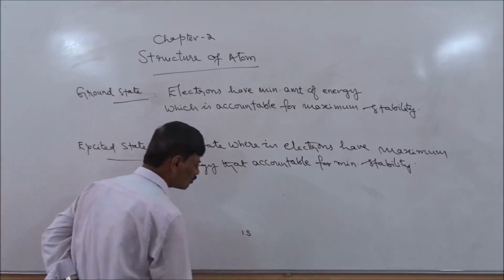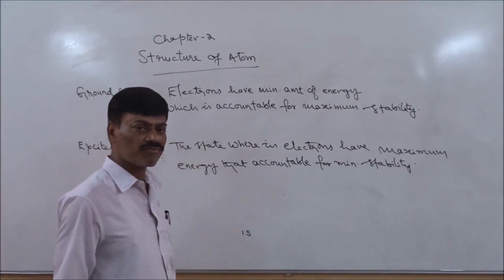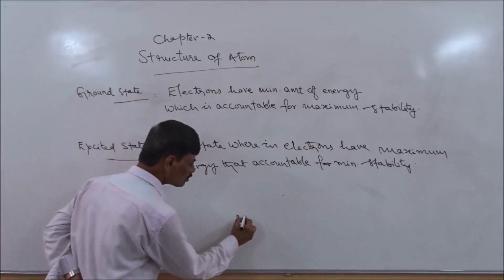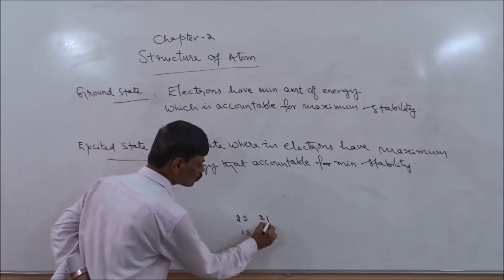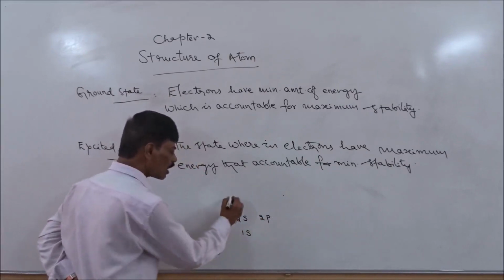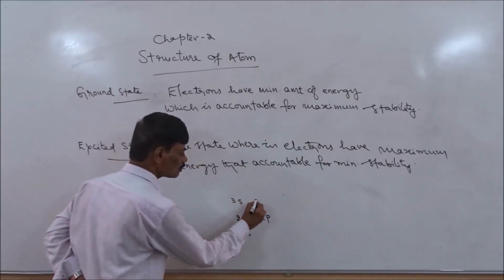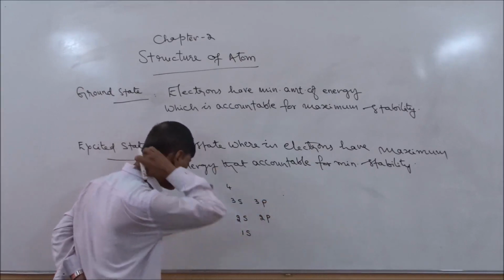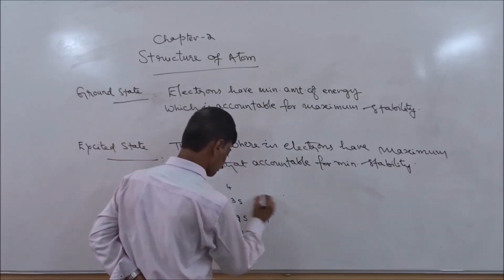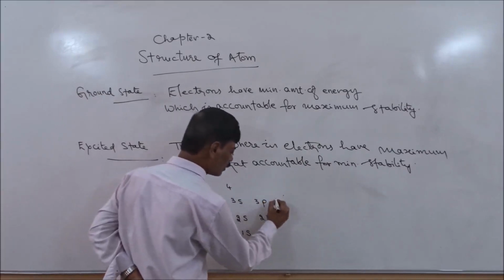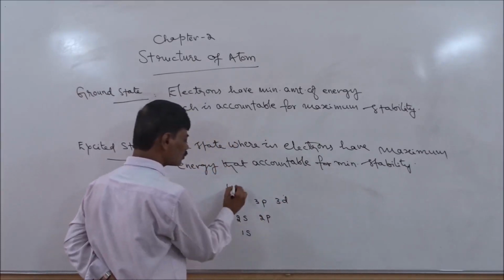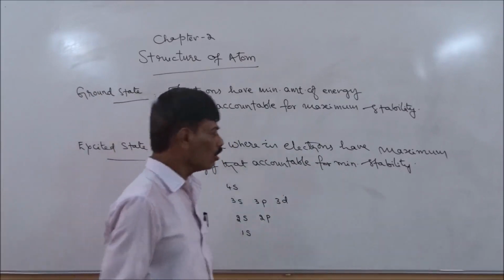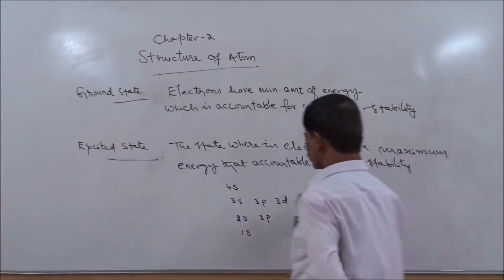Imagine s orbital which is there in first shell, 1s. After that we have 2s, 2p. After that 3s, 3p and 3d. Next 4s, 4p and so on. We'll move up to 3d and let us see.